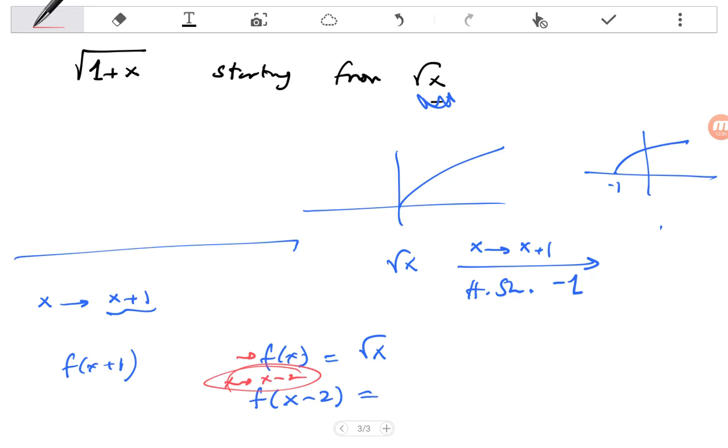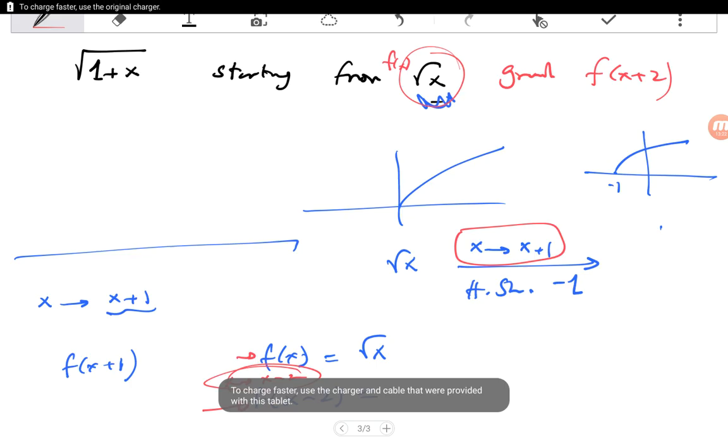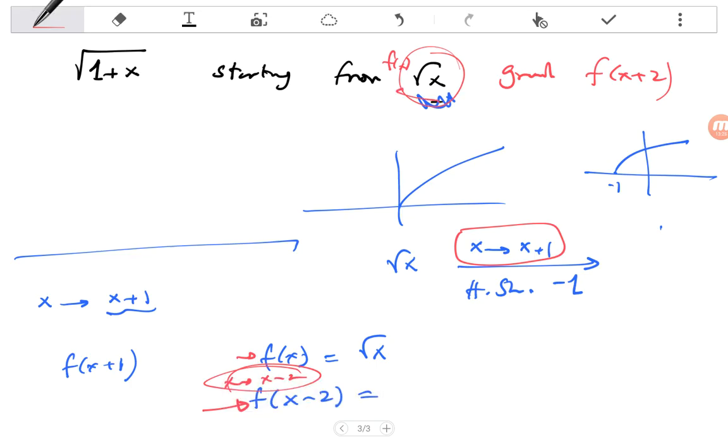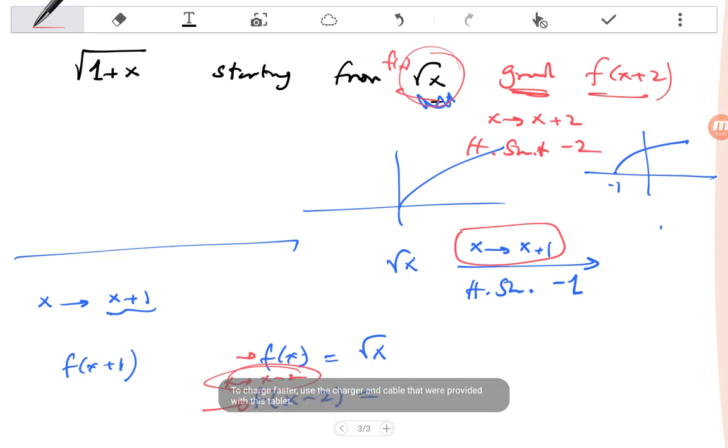So instead of expressing the step by replacing x with x plus or minus some number, we may express it like this: give a graph starting from f of x, graph f of x plus 2. What is meant by this? It means to replace every x with x plus 2, and graphically it means making a horizontal shift of negative 2. Okay, now that is for horizontal shift.